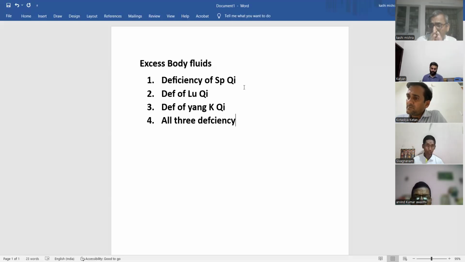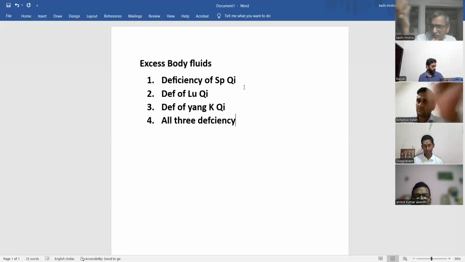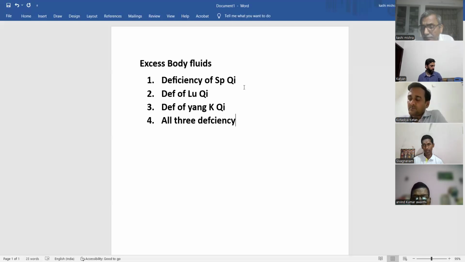So transformation in our body is of substantial to non-substantial and non-substantial to substantial. This is happening continuously.